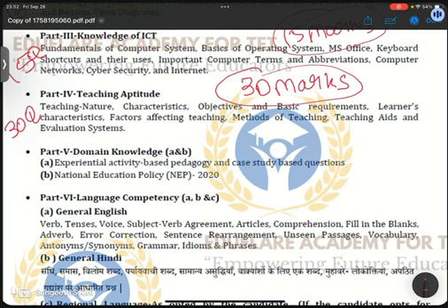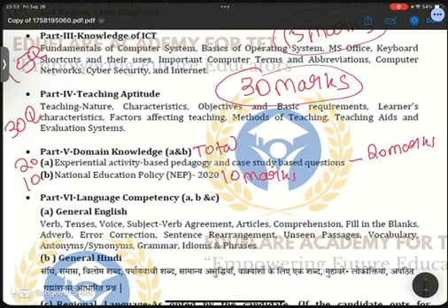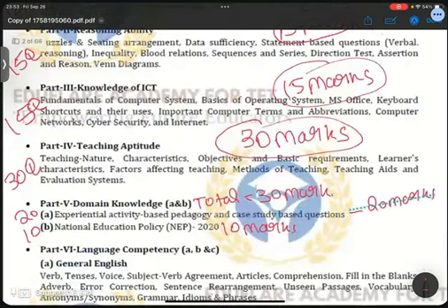Here there are 20 questions from experiential activity based pedagogy and case study based questions and 10 questions from National Education Policy or NEP 2020, with 20 marks and 10 marks. So teaching aptitude and domain knowledge have more weightage as compared to other sections.